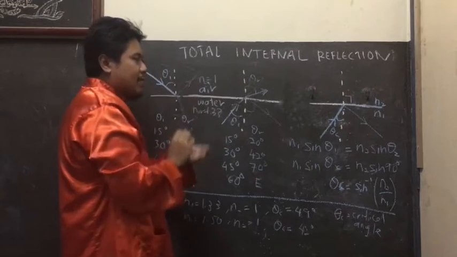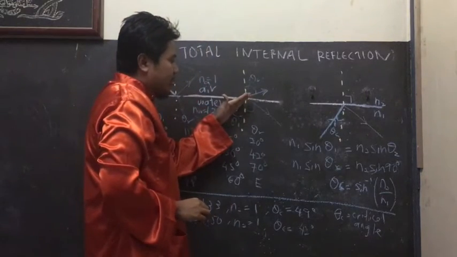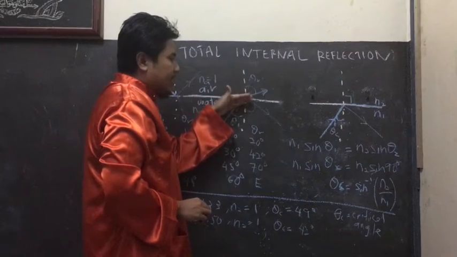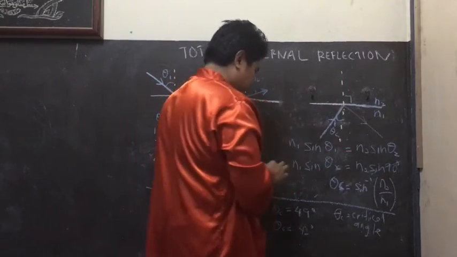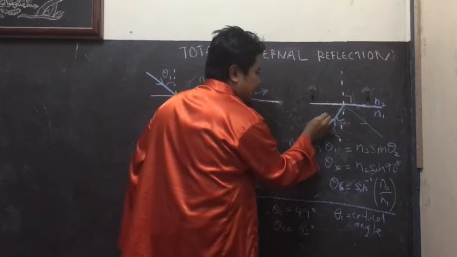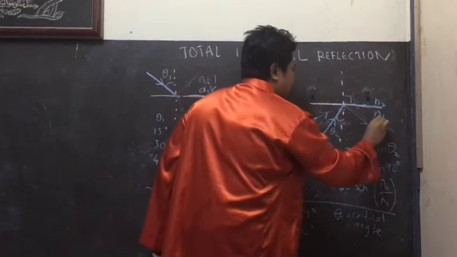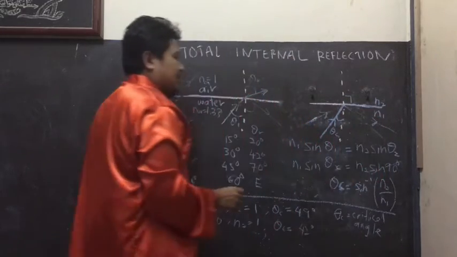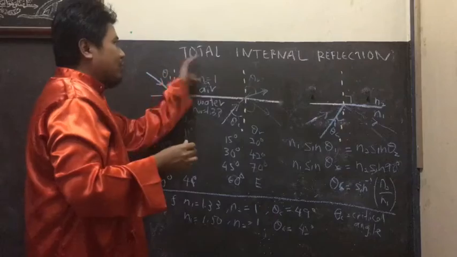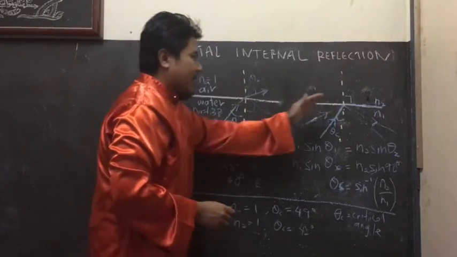In this case, if you have incident light, your light will be both refracted and reflected. But when your angle is larger than the critical angle, for example, this angle which is larger than the critical angle, all light will be reflected. Total internal means inside, and reflection.